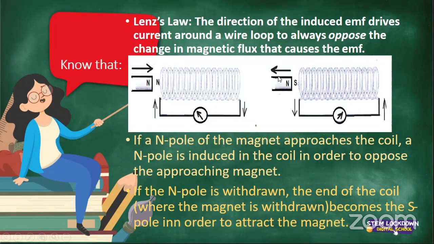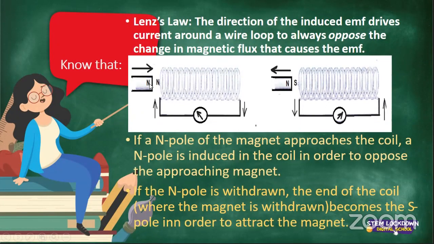So if it's going away, now the coil will induce the south pole here, so that it attracts the magnet. If the magnet is being moved out, the induced EMF will try to oppose this by inducing the south pole, which will try to attract this particular magnet back.